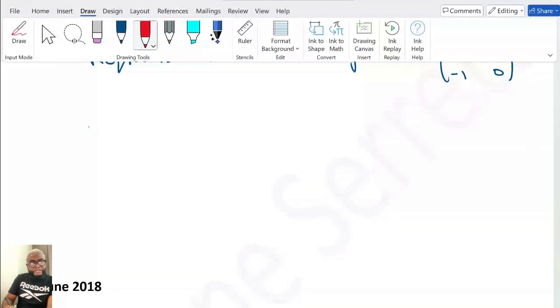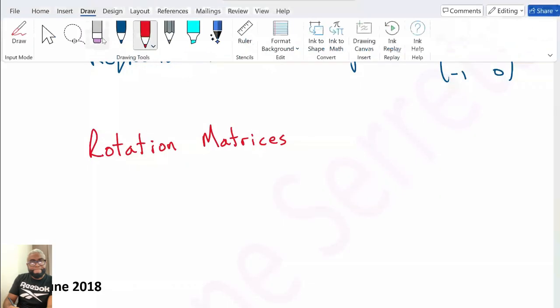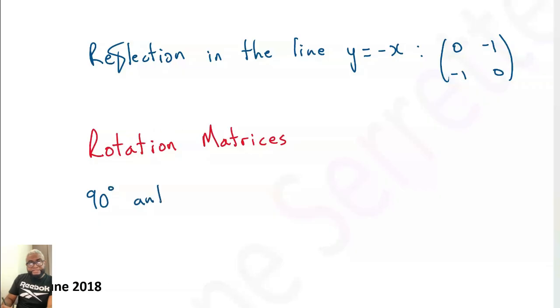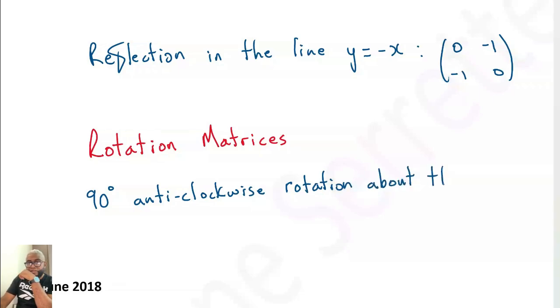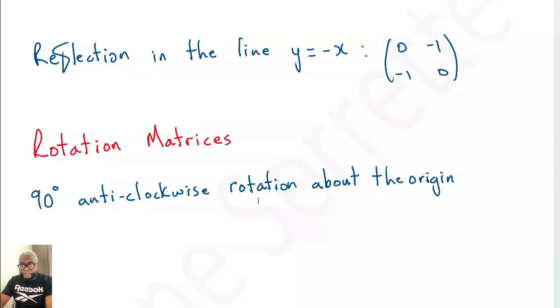Then we have rotation matrices. So we have a 90-degree anti-clockwise rotation about the origin.